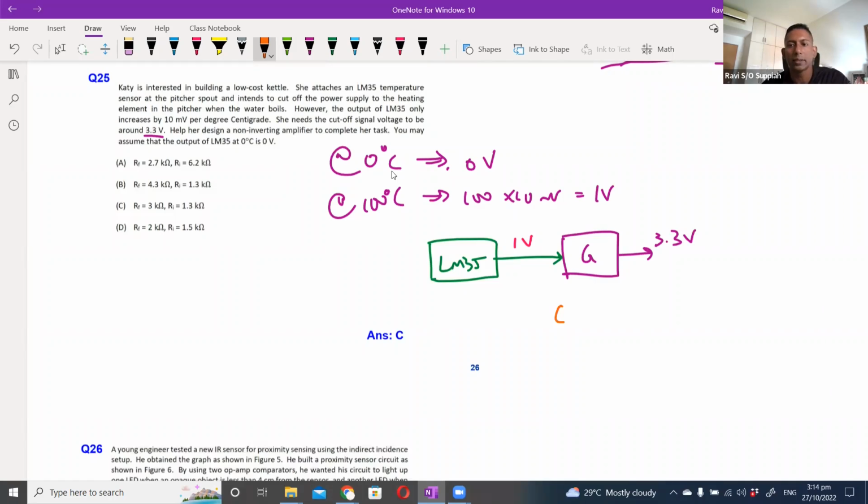So the gain is 3.3 over 1. Since I want a non-inverting amplifier, it'll be 1 plus RF over RI equals 3.3. Then you get RF over RI equals 2.3. Once you know this, you need to see which combination gives you that. So that would be answer C.